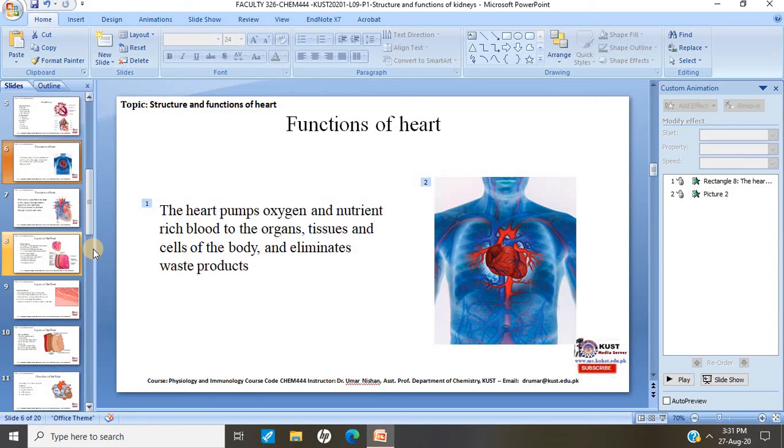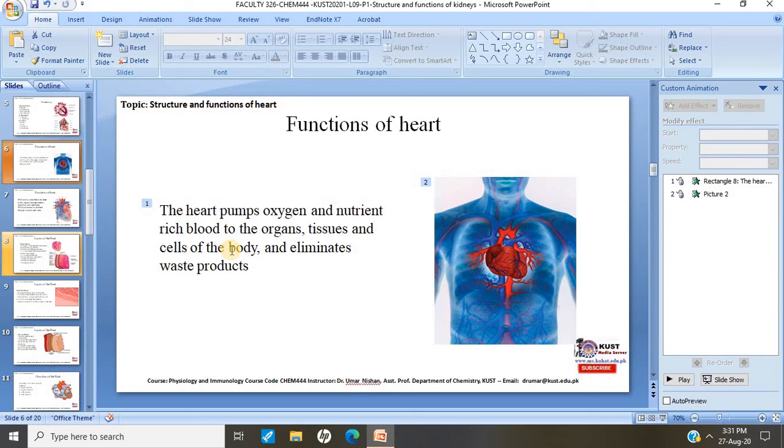Then the oxygen-rich blood is again received by the heart, and again pumped to different organs, tissues and cells of the body. This is how the circulation of the blood takes place inside the body, and through this pumping action of the heart, life continues.